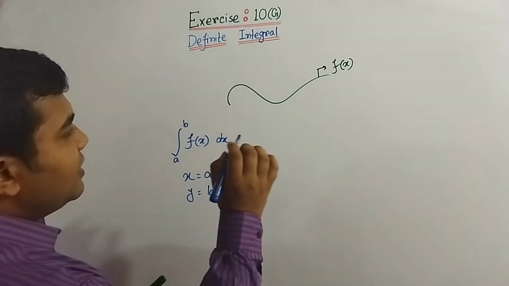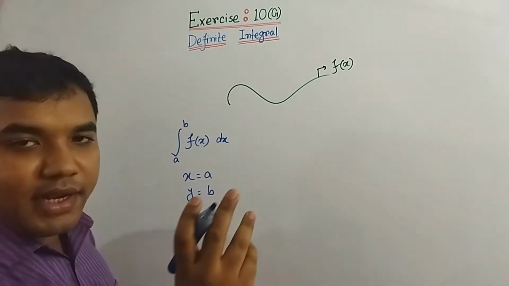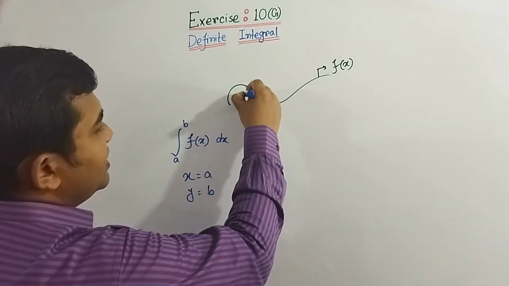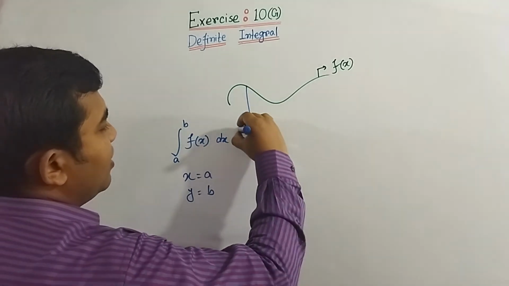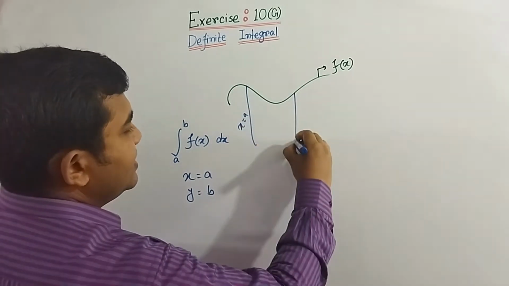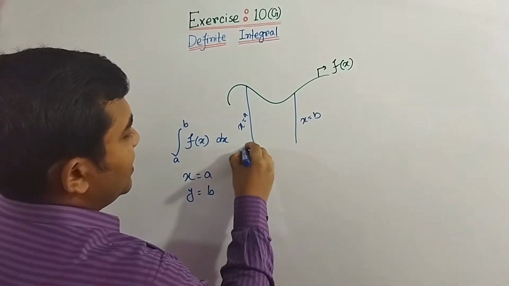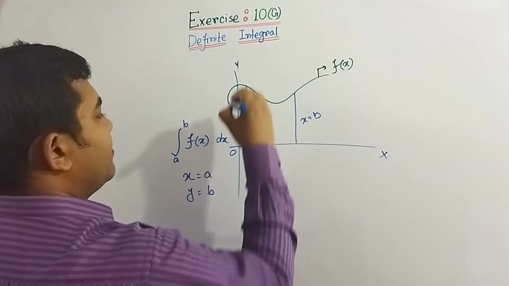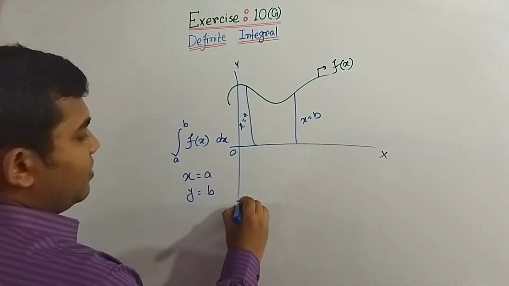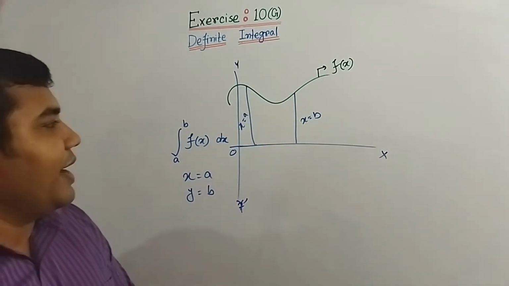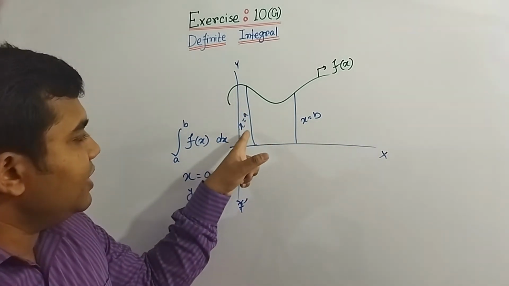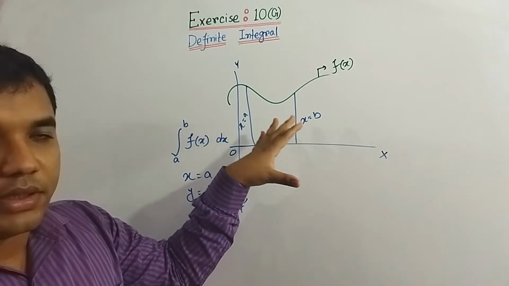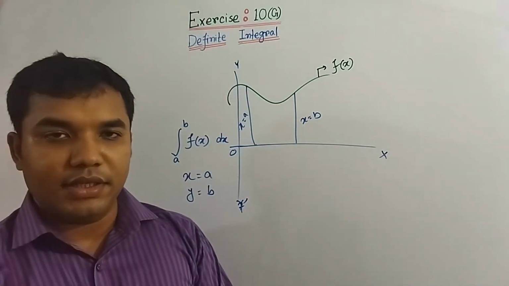That means if we are trying to find the area between x equal to a and x equal to b from this curve, say for example this is the line x equal to a and this is the line x equal to b, then if we are trying to find the area in between these two lines under the curve, that is the definite integral.